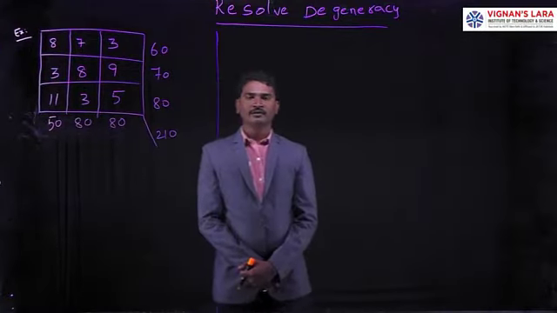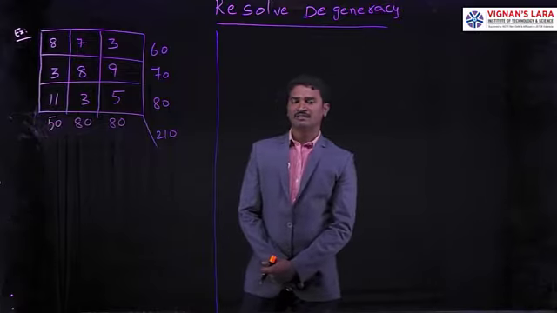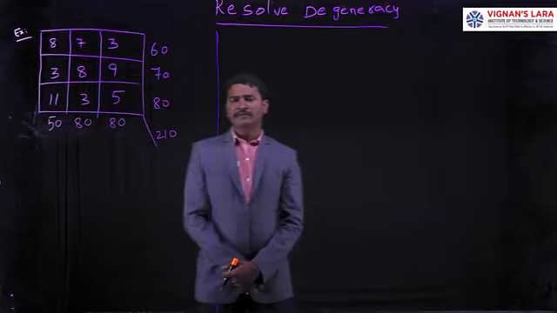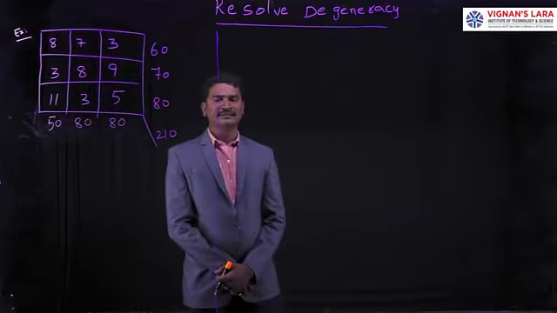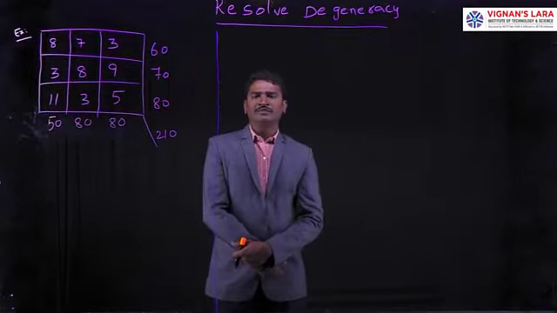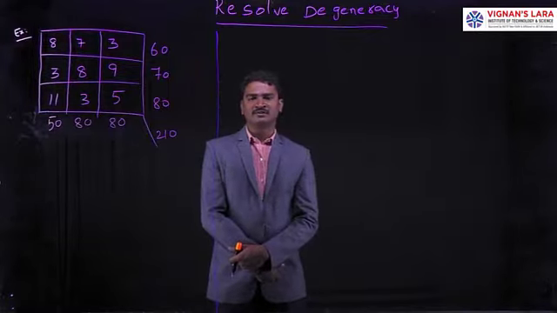Today we are going to discuss resolving degeneracy in a transportation problem. Degeneracy means that after finding the initial basic feasible solution, we are going to find an optimal solution.